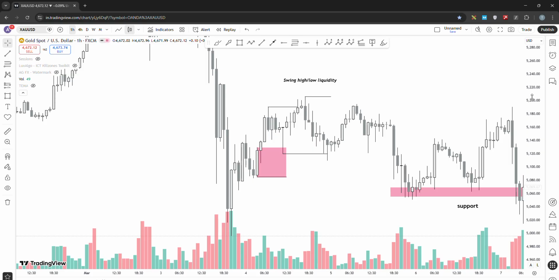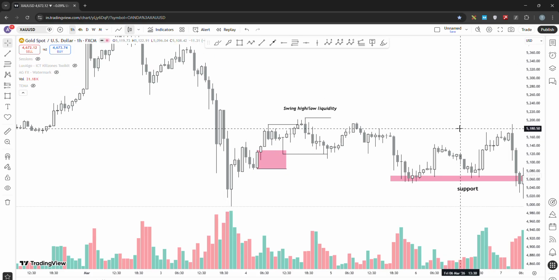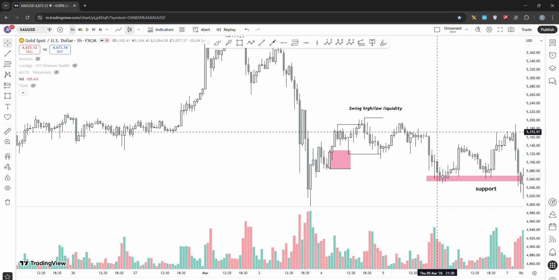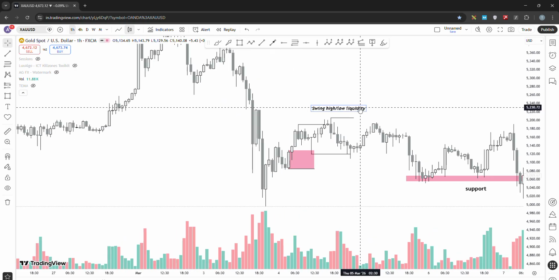So swing high and swing low are also liquidities, and in charts, whenever we use SMC concepts, we focus on this kind of liquidity, which are the swing highs and the swing lows. Okay, so this is the most popular kind of liquidity that we use, most seen liquidity in the chart. And whenever I do my analysis, I also look at only the swing highs and swing lows as my targets.